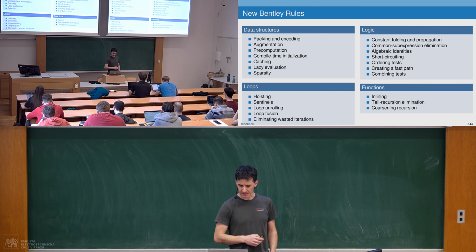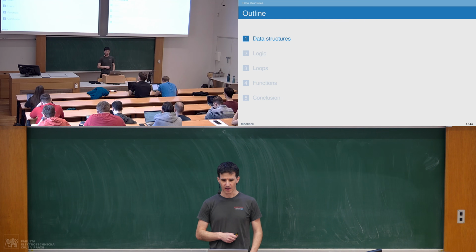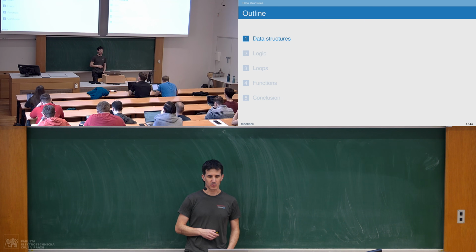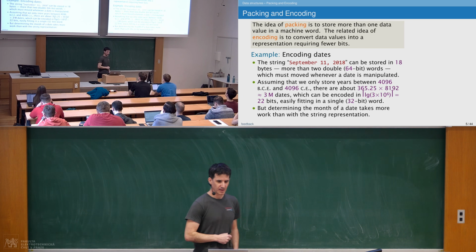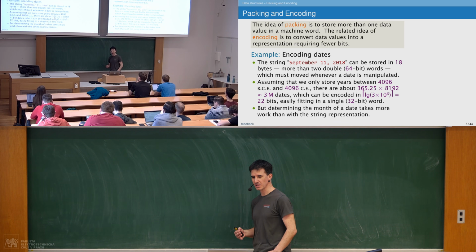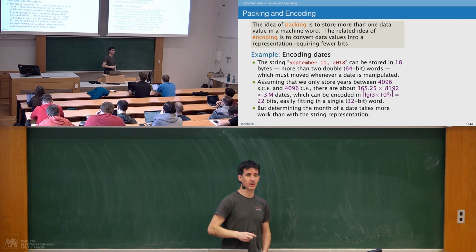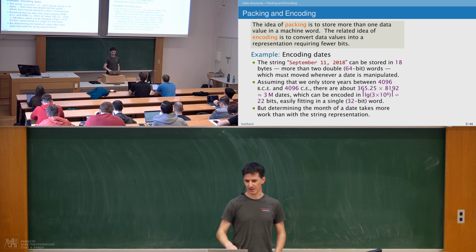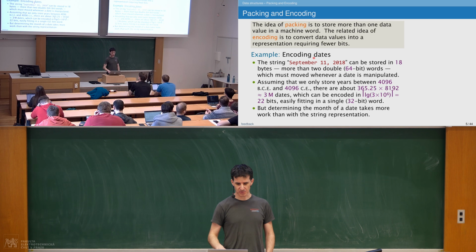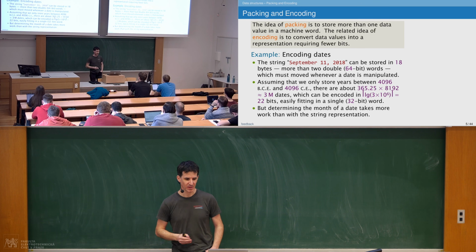So we will look at these one by one, and we start with data structures. The first optimization that you can apply to data structures can be called packing and encoding. For example, imagine you have a lot of data, and by data I mean information, and one part of the data is a date, like day, month, and year.